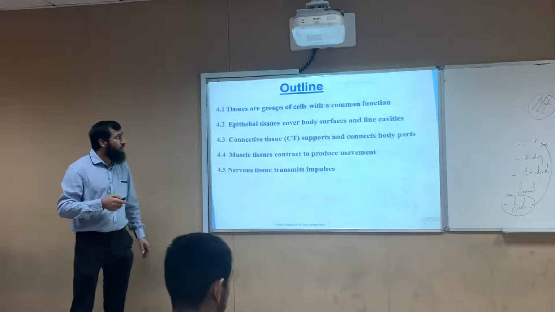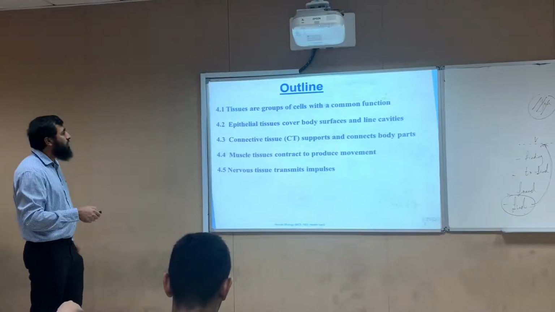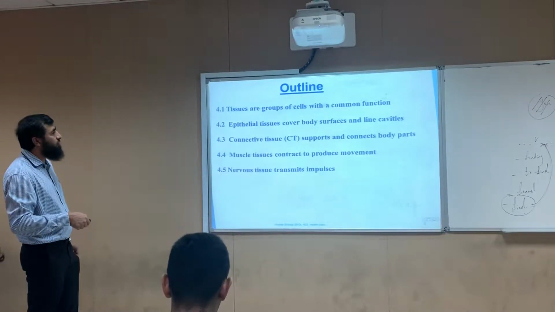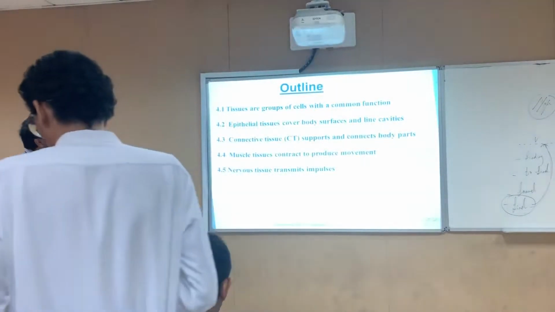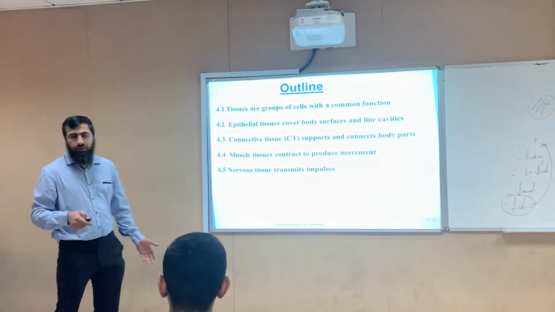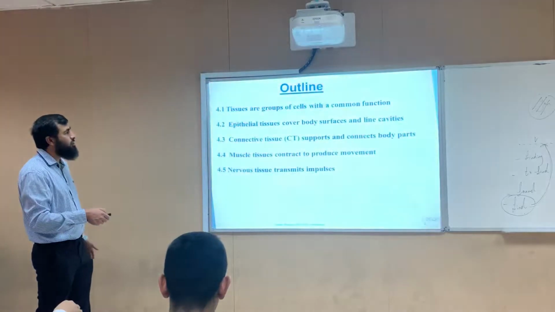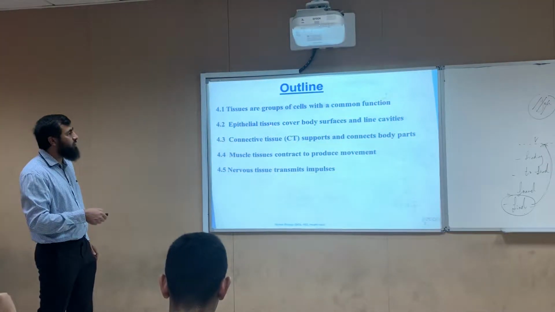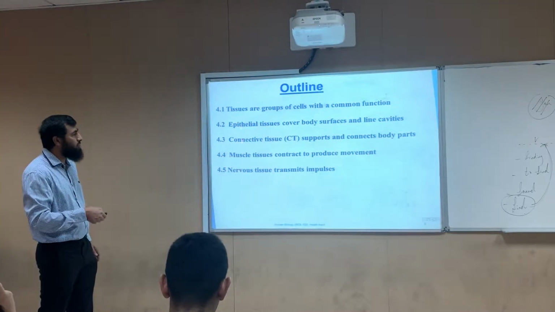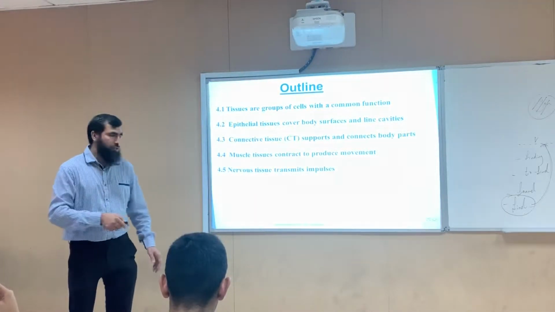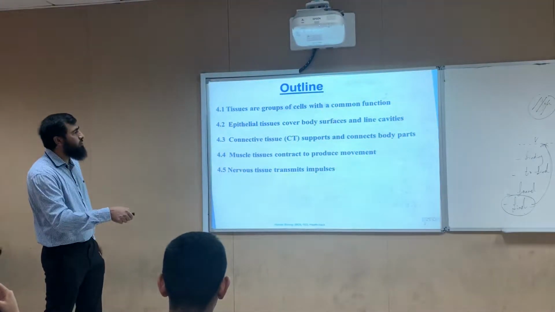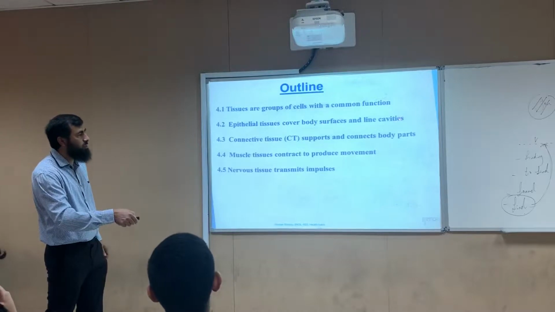So if you have a look at the outline of this chapter, we are studying from 4.1 to 4.5. So first we look at how tissues form from a group of cells with common functions, and then we look at the 4 different major types of tissues. The epithelial tissue, so it covers body surfaces and lines cavities.